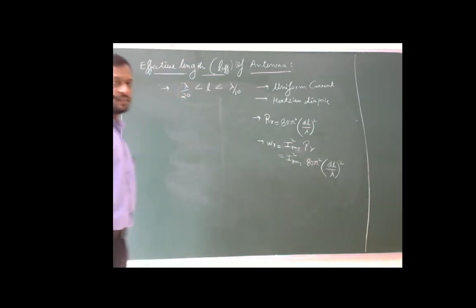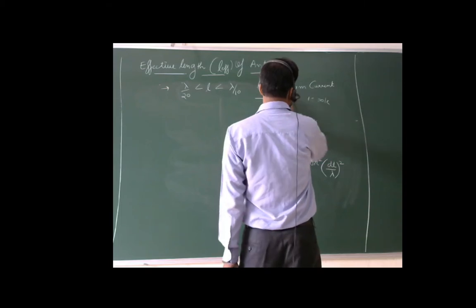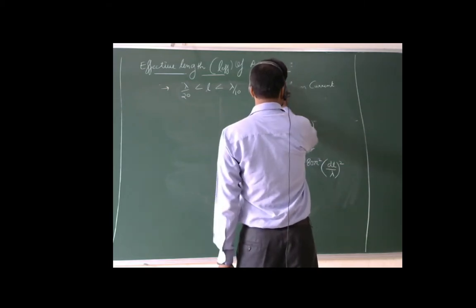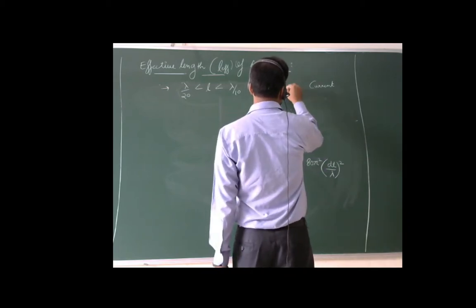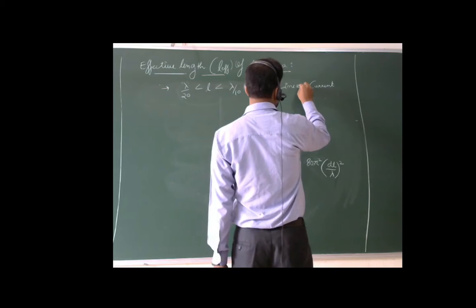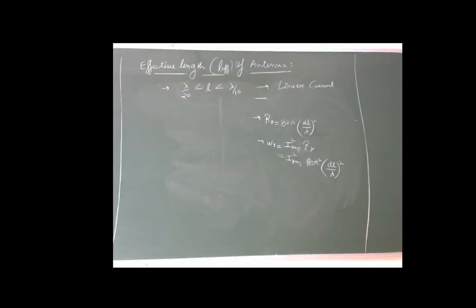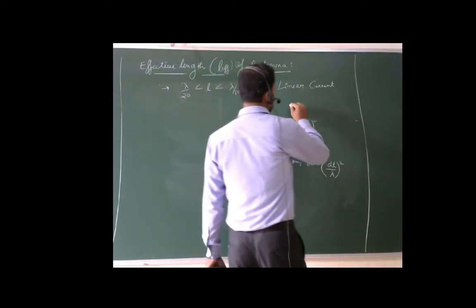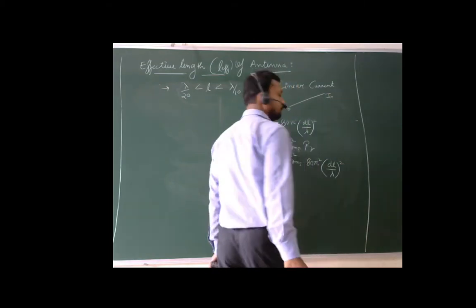Then in this case, if you see the diagram, the current is a little bit uniform in nature. So here current is linear in nature, which looks something like that, varying from 0 to the maximum value I naught.